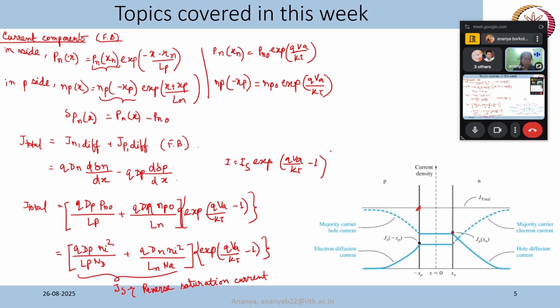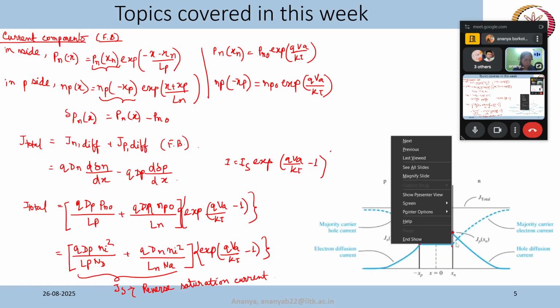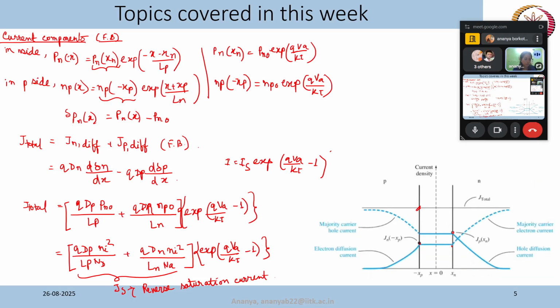Again, whatever our electron current component at this position, it is same as this position, and we can sum it with the hole current component to get the total current.